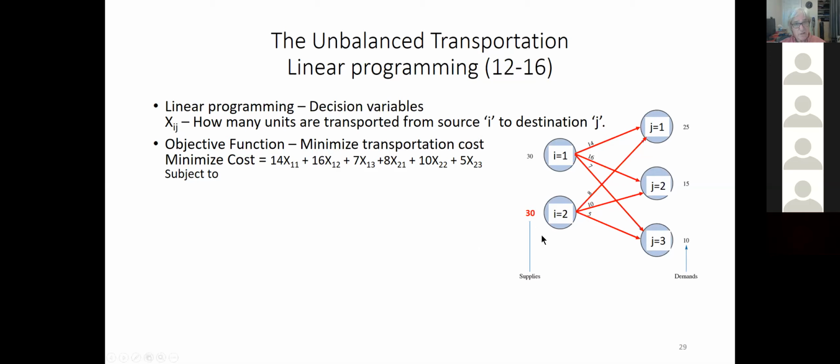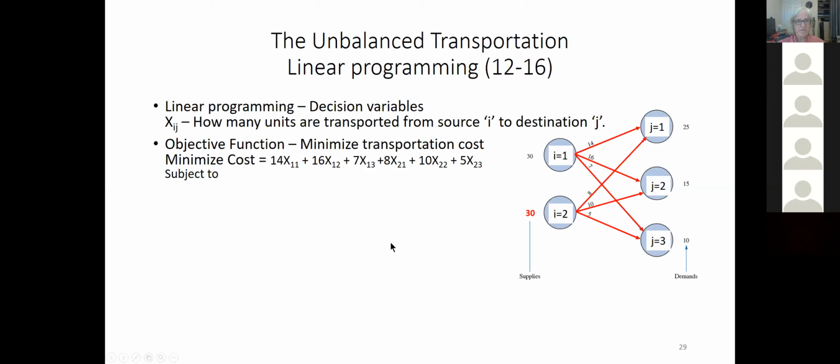So supply capacity can increase. Now, this is a more practical question than the balanced problem. Usually, the supply will exceed the demand. Why? Machines or production lines can produce faster than what the market is demanding. So this is a very practical question. How do we solve this problem?